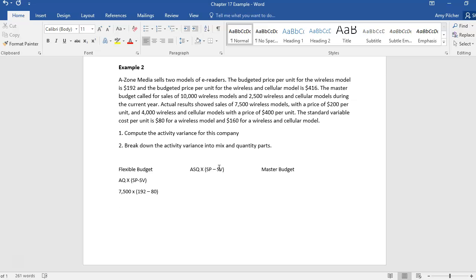And then we're going to add our 4,000 wireless and cellular model e-readers at our $416 minus the $160. So that gives us a flexible budget of $1,864,000.